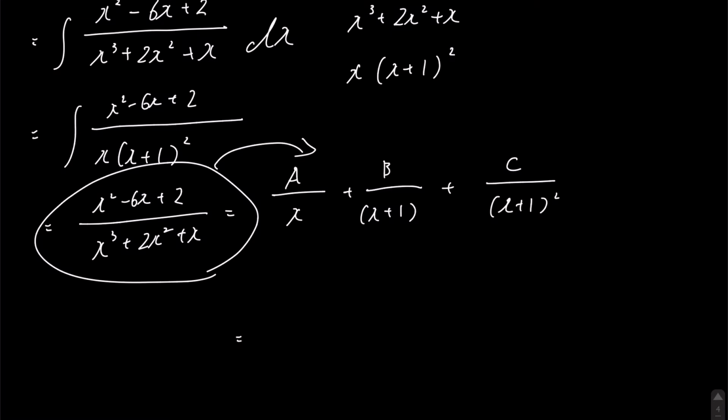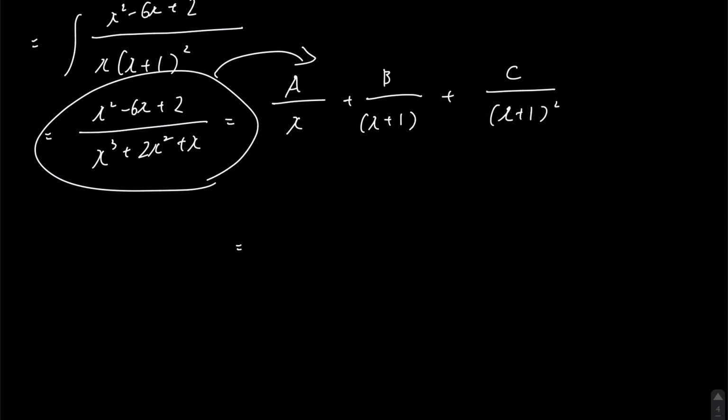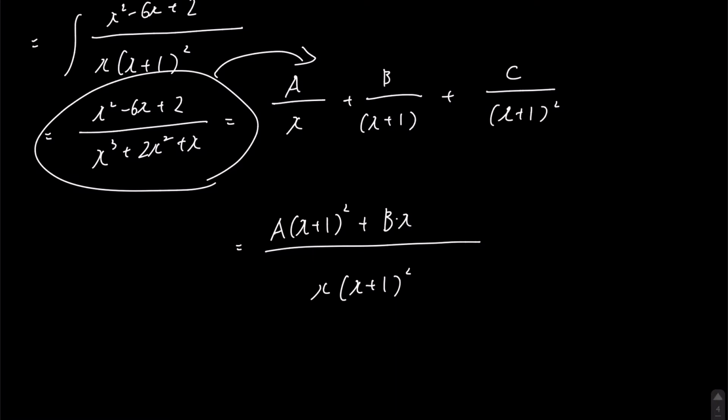Our common denominator will be x times (x plus 1) squared, and our numerator will be A times (x plus 1) squared plus B times x times (x plus 1) plus C times x.